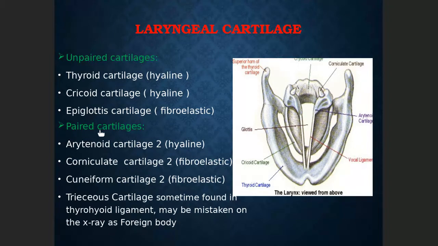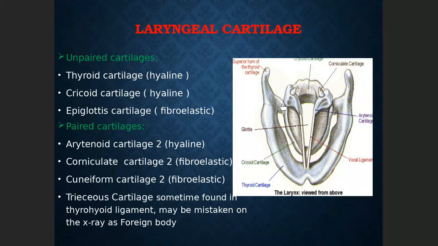Then the paired cartilages. We have the arytenoid cartilages, 2 of them, posterior. Here the right arytenoid, while here the left arytenoid. It's pyramidal in shape. It has an apex and a base. The apex of the arytenoid is attached to another cartilage, the corniculate cartilage.